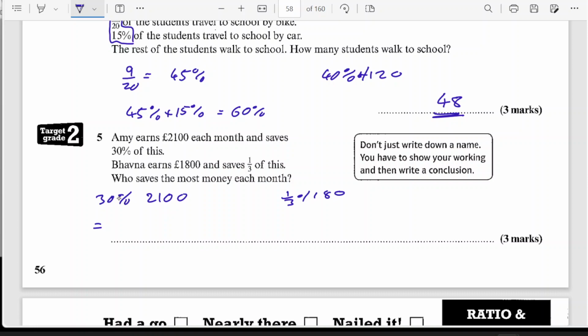I'm going to do this without a calculator. So 30%, well 10% would be 210, so 30% is going to be £630. And then 1/3 of 1,800 is going to be equal to £600. So who saves the most money? That was Amy, and that was Bavin. So Amy.